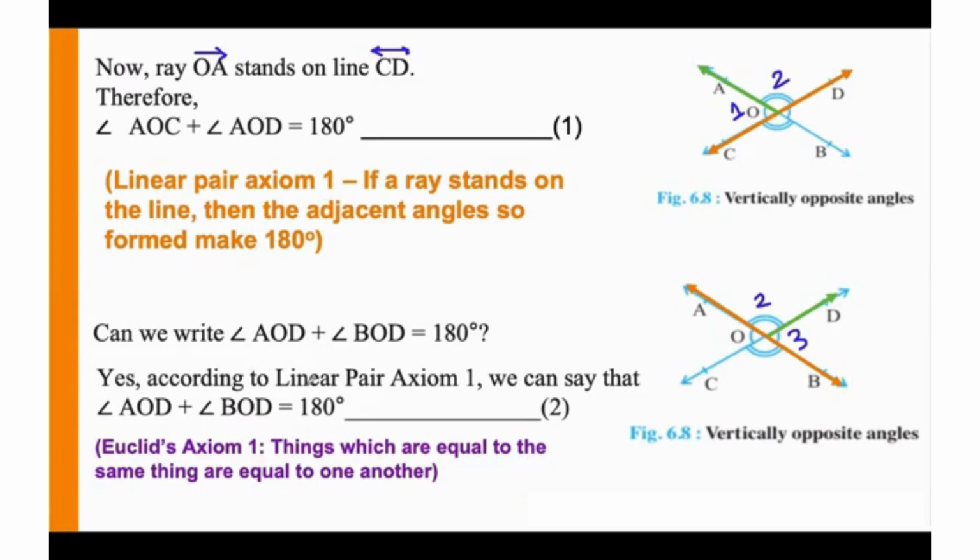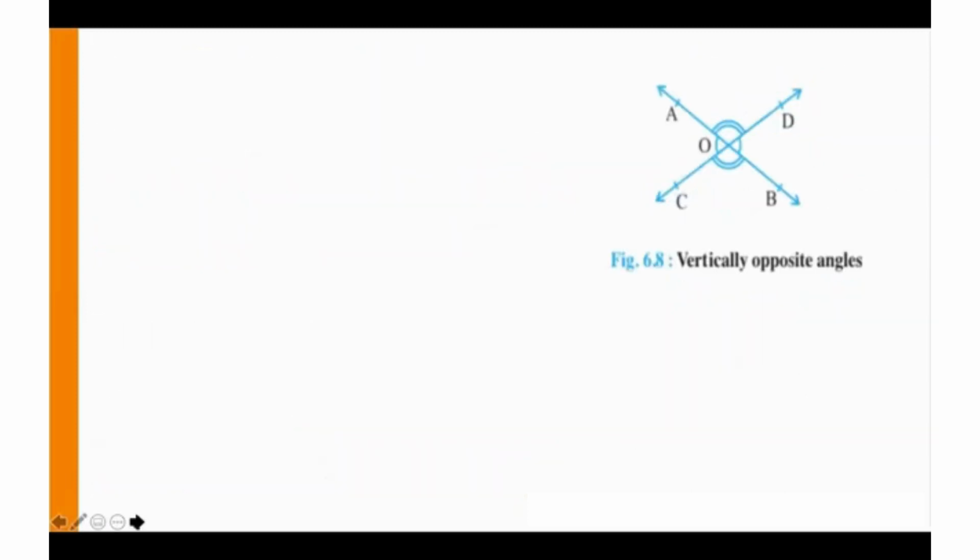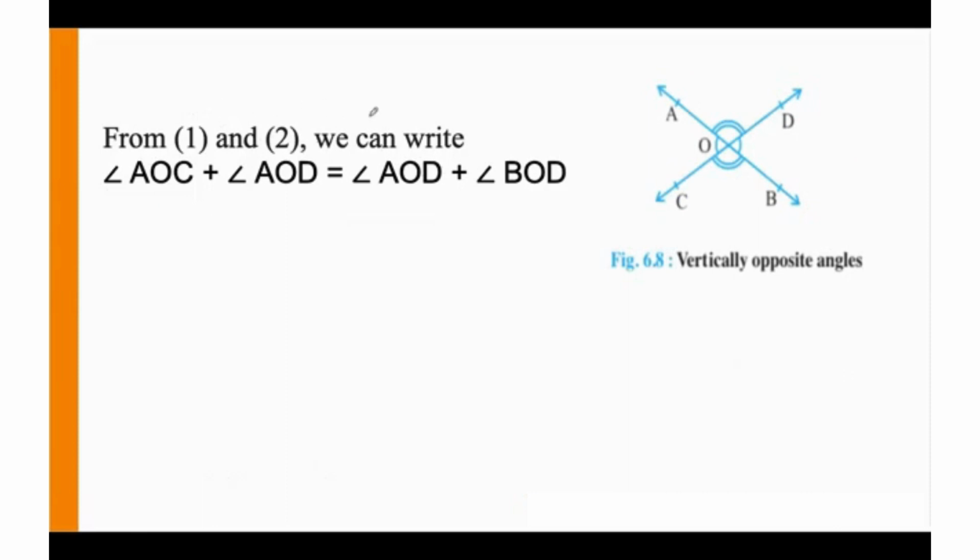So both of them are equal to 180 degrees. Using this axiom as our reasoning, we can say that angle AOC plus angle AOD is equal to angle AOD plus angle BOD.